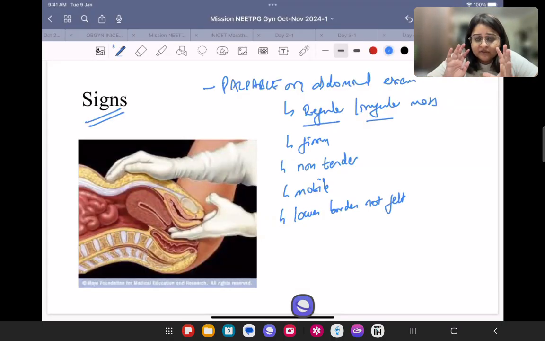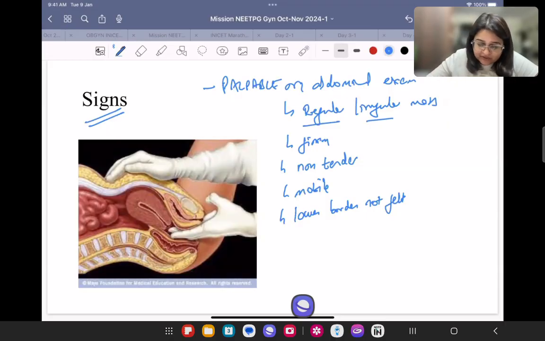Now, a common question they ask in clinical viva, which can be converted to an MCQ kind of question, is how will you differentiate an abdominal mass or uterine mass from an ovarian mass on examination?